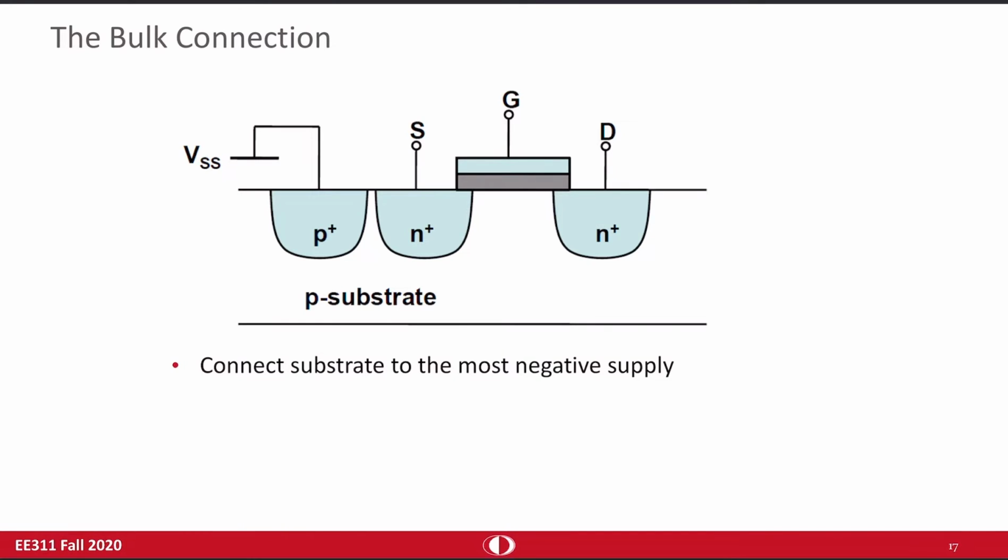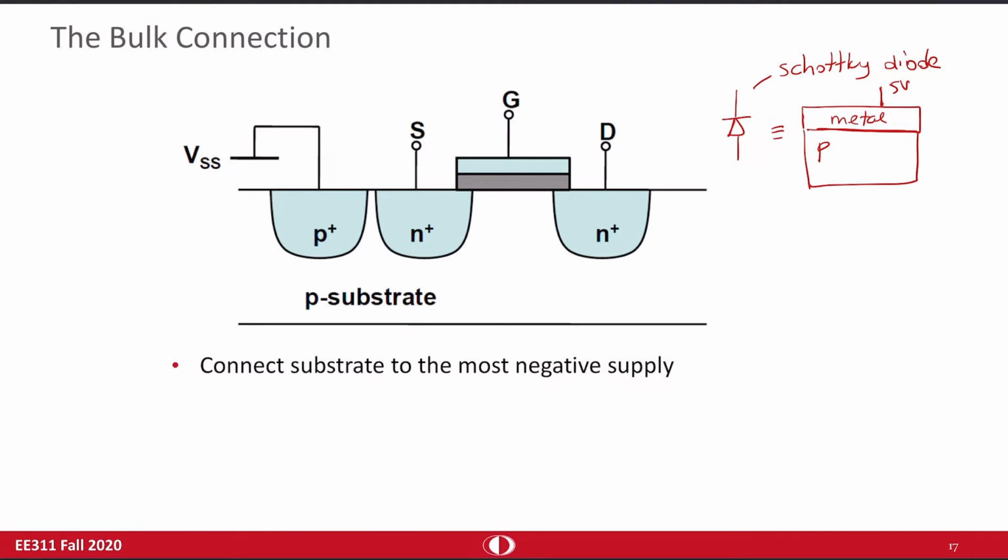Because if you have a metal and, let's say, an N or P type semiconductor, this forms a diode, a Schottky diode. So when you apply a potential in here, let's say 5 volt, you won't observe that 5 volt in here because of this diode operation.